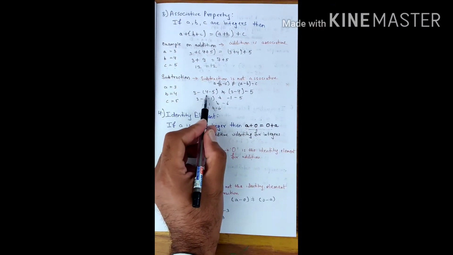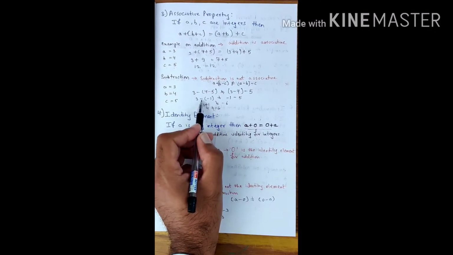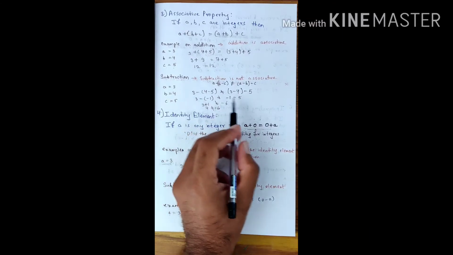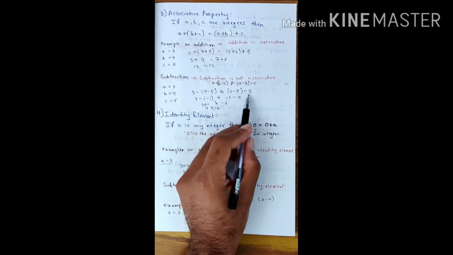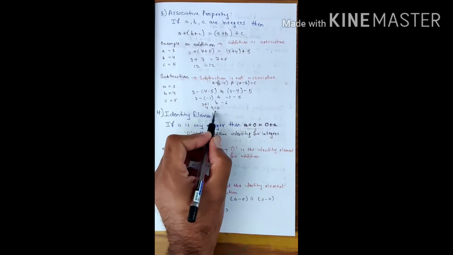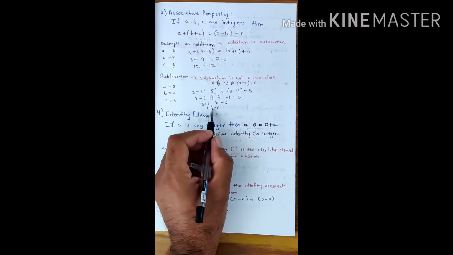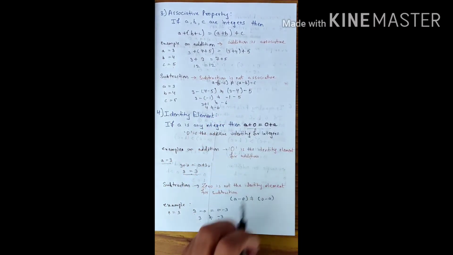So this will be 3 minus in bracket 4 minus 5, which is minus 1. Here minus and minus will get plus. Similarly here 3 minus 4 we'll get minus 1, and minus 5, so minus 1 and minus 5 is minus 6. So is 4 equal to minus 6? No, 4 is not equal to minus 6. Therefore subtraction is not associative.